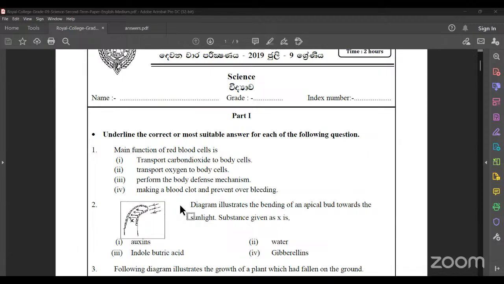Second question. This diagram illustrates the bending of an apical bud towards the sunlight. You can see these rays. Mahdi, you are here, right? Okay, it's fine.